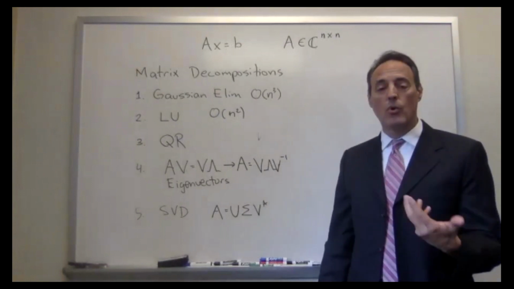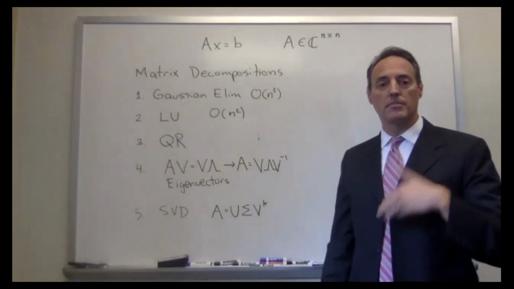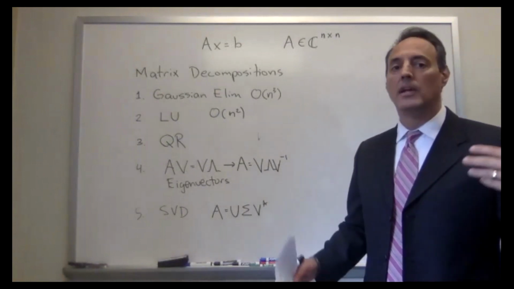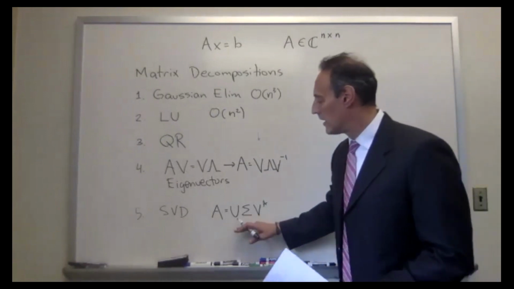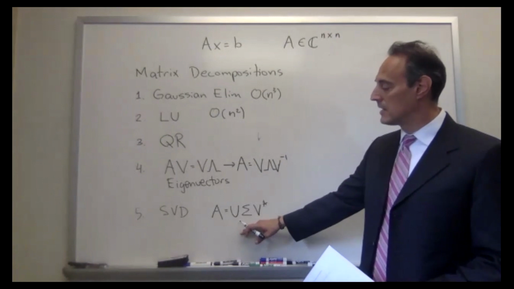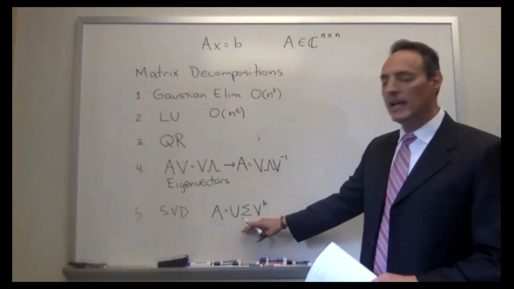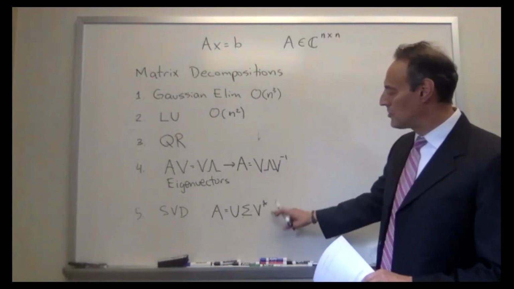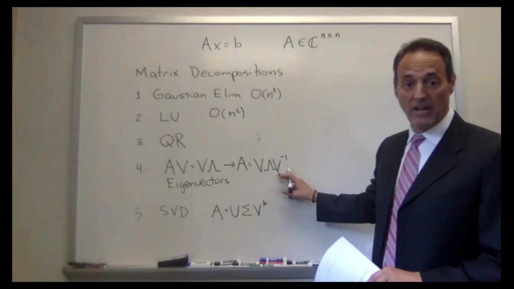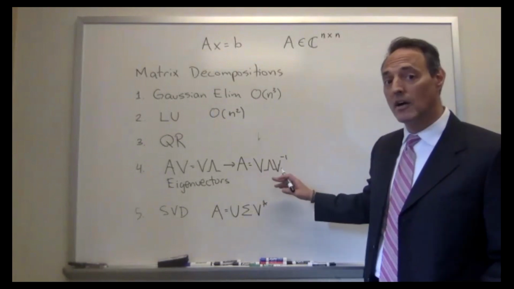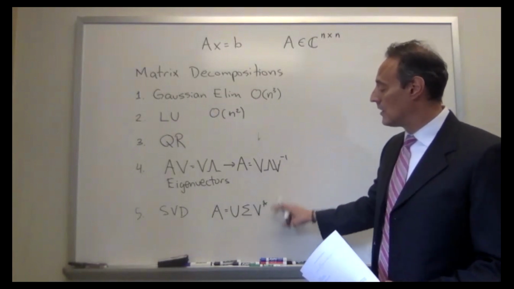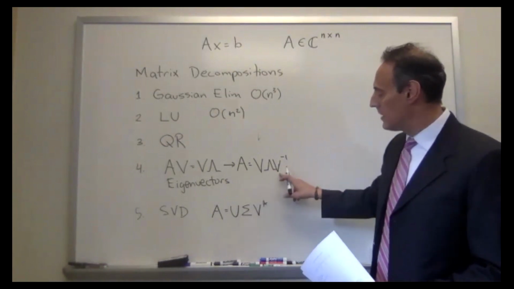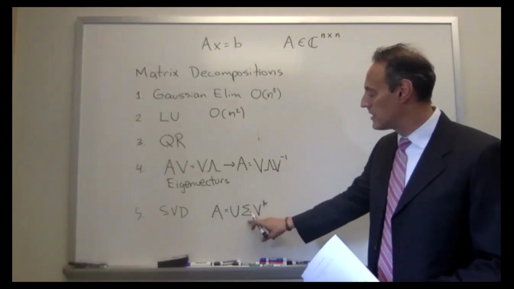It's one of the workhorse decomposition algorithms that people have come up with. It's fantastic. It really is an amazing decomposition. Notice how close these are to each other. We're in fact going to make connections between eigendecompositions and SVD. They look similar, right? Three matrices, and the middle one's diagonal.